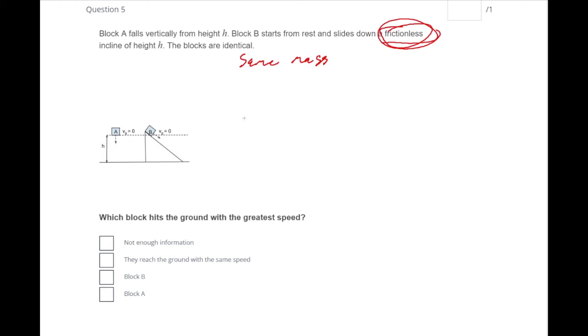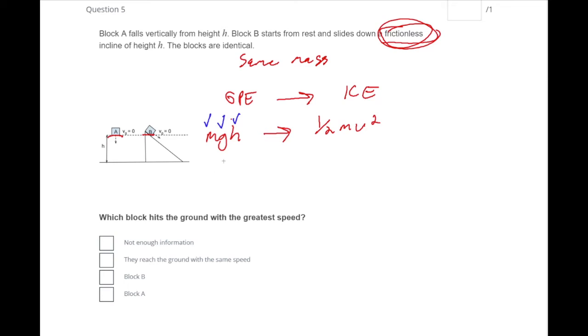Well, let's think about this in terms of energy. We know that gravitational potential energy, in this case, they're both starting up here, is going to transfer into kinetic energy. We know that gravitational potential energy is mass times gravity times height, and we know that kinetic energy is 1/2 mv squared. Both of these blocks are starting at the same height, both have the same mass, and both will have the same gravity because they're on Earth.